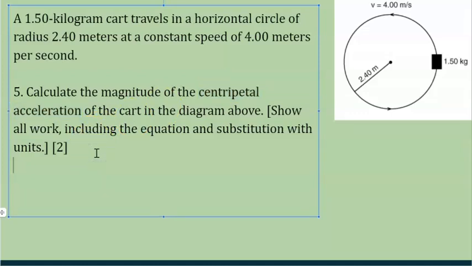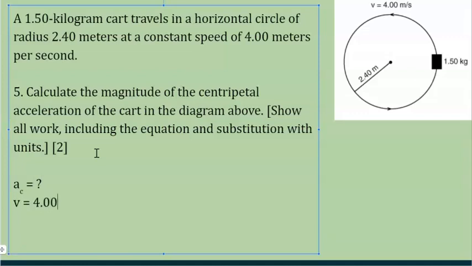We do have 2 formulas for centripetal acceleration, so it may help to list our variables. I'm looking for ac. That's going to be my question mark. I do have the velocity, which is 4.00 meters per second. I also have the radius, which is 2.4 meters.